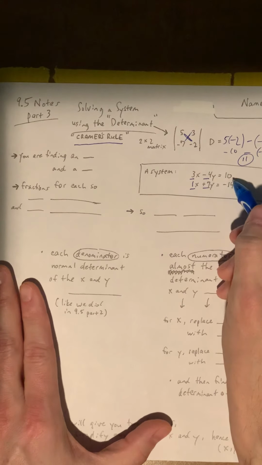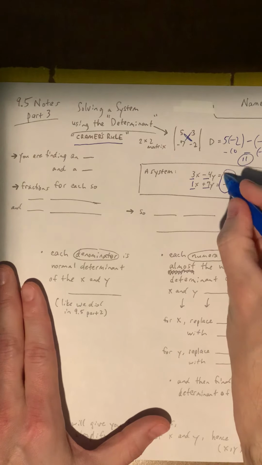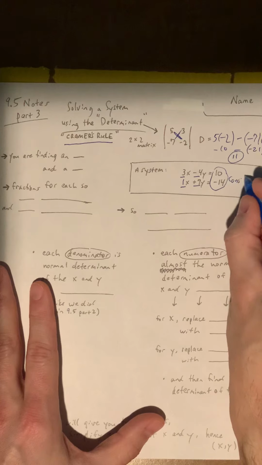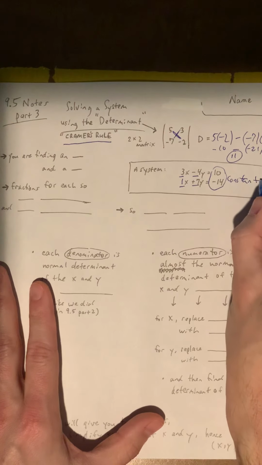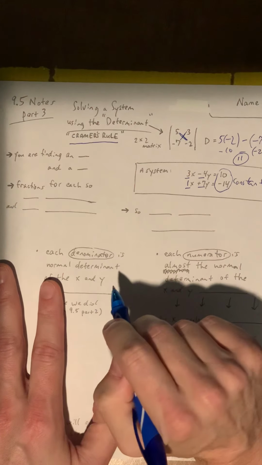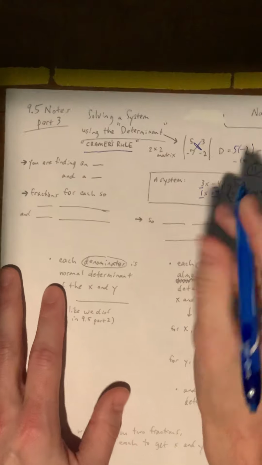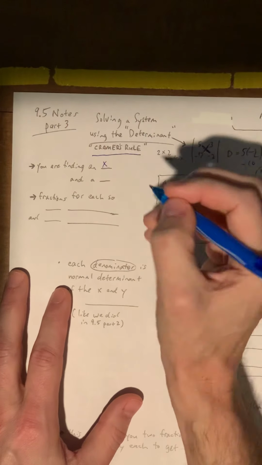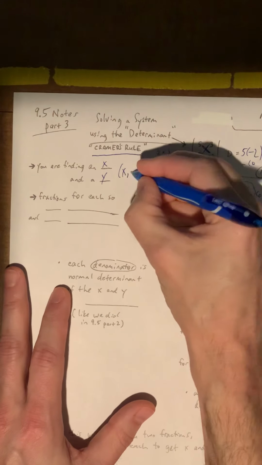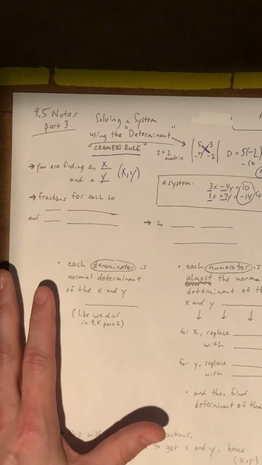The numbers with no variables on the other sides are called your constants. So 10 and -14 are your constants. This is one constant. This is another. 2 constants. And remember, when you're told to solve a system, you're finding an x value and a y value. That makes an ordered pair, the point where the lines would cross if they're graphed.